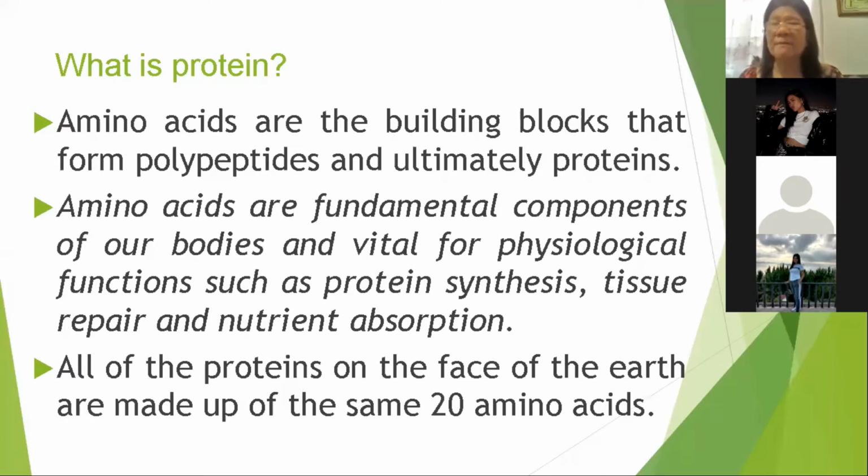That is the so-called peptide linkage, forming a polypeptide. So the peptide linkage is the bond that connects one amino acid with another amino acid, and it could have thousands of amino acids connected with each other. So that is protein. Amino acids are fundamental components of our bodies, and vital to the physiological functions of protein.